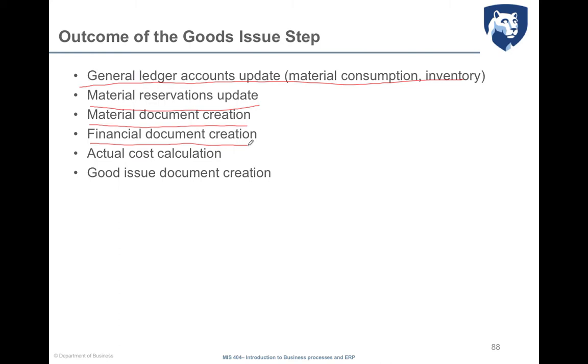Actual costs associated with material consumption are allocated to this production order, thus updating the previous estimates. And finally, a goods issue document that includes the materials and quantity issued can be created, even if the goods issue document creation is not mandatory, so you can decide to create it or not.